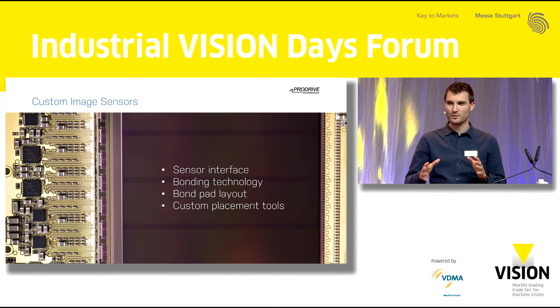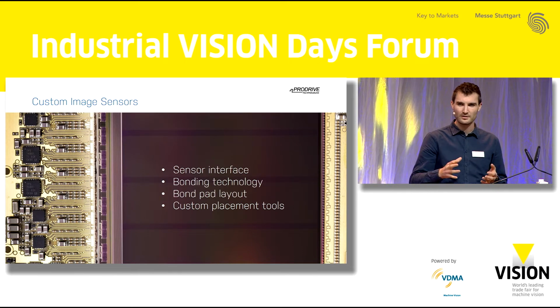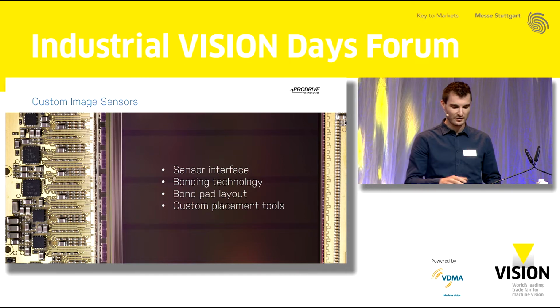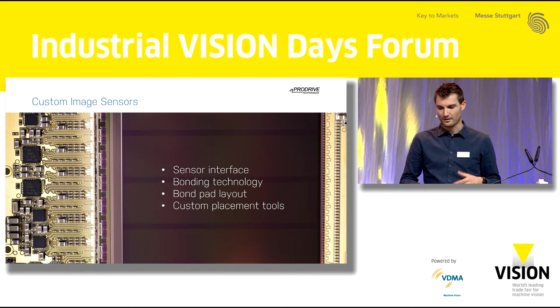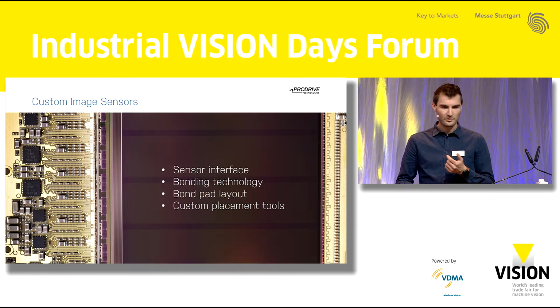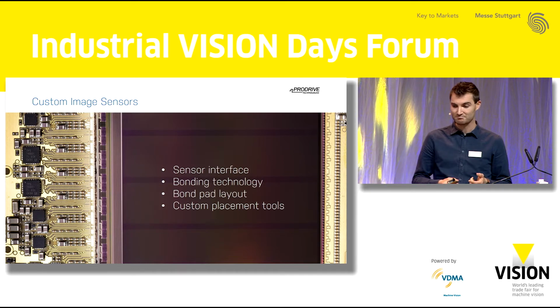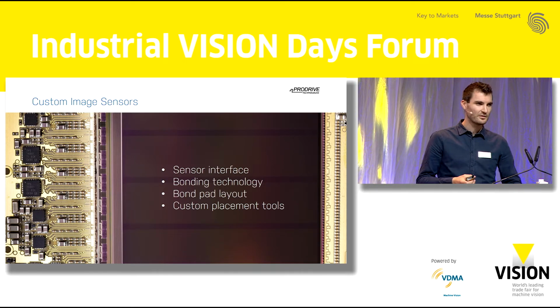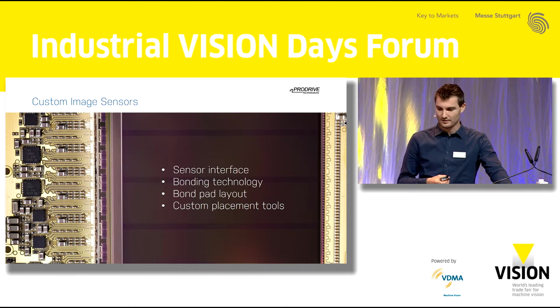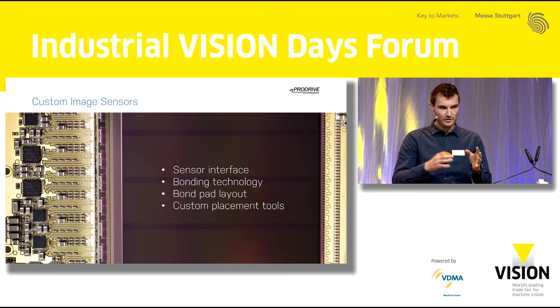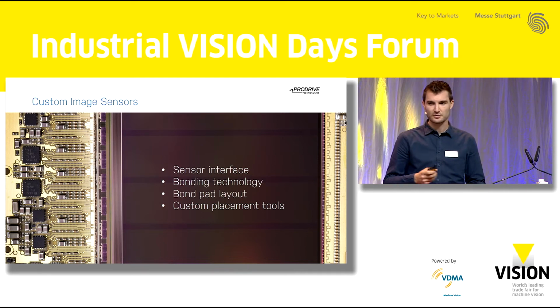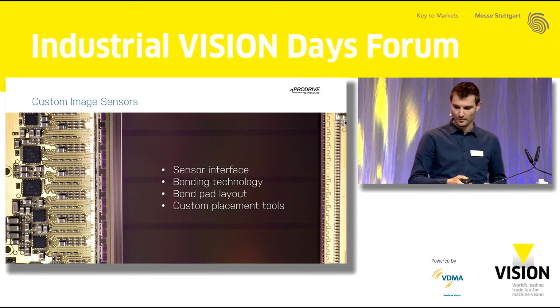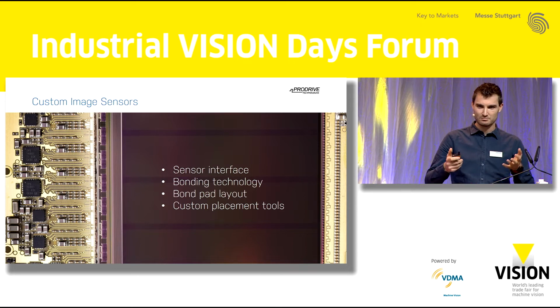And that is where the challenges of integration in a camera arise. So I'm going to explain something about the sensor interface, the bonding technologies that we see and that we have, the layout of those bond pads, and also show something about custom placement tools, because you also need to put it in a camera.